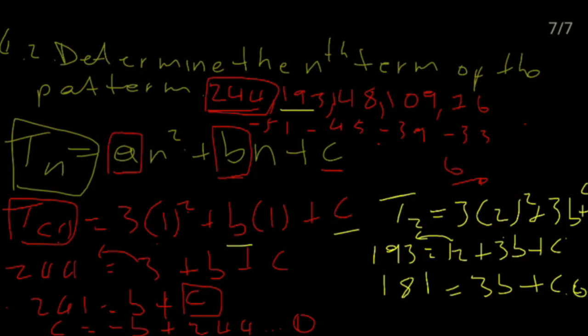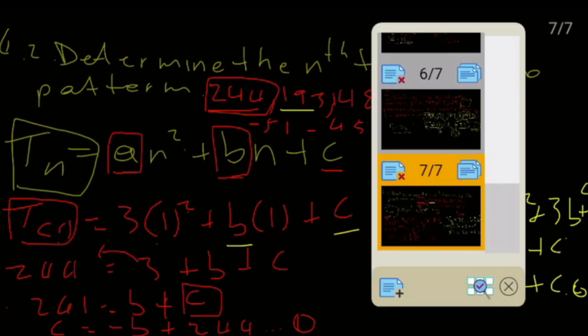And as you know, solving simultaneous equations, you must substitute one equation into the next. So let me just quickly rewrite my first equation. It's 241 minus b, which is equation 1. Equation 2 gave me 181 equals 2b plus c.